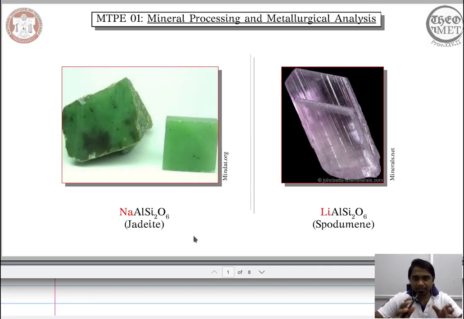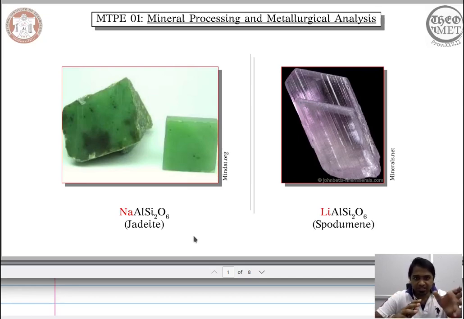When you compare these two chemical compositions, the sodium ion in jadeite is replaced by a lithium ion in spodumene. And with this change, as you can see, apart from other properties, the color associated with this mineral changes significantly.